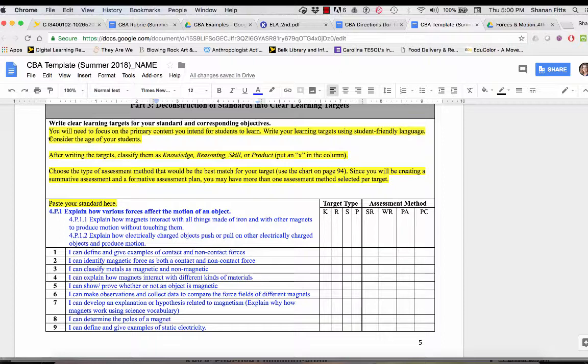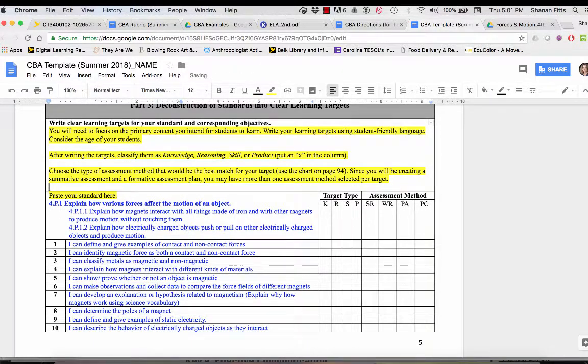And here it's reminding you to think about the age of your students. So if you're teaching high school, your learning targets can be a little more complex compared to elementary school, or even fourth grade versus kindergarten is going to look a lot different.